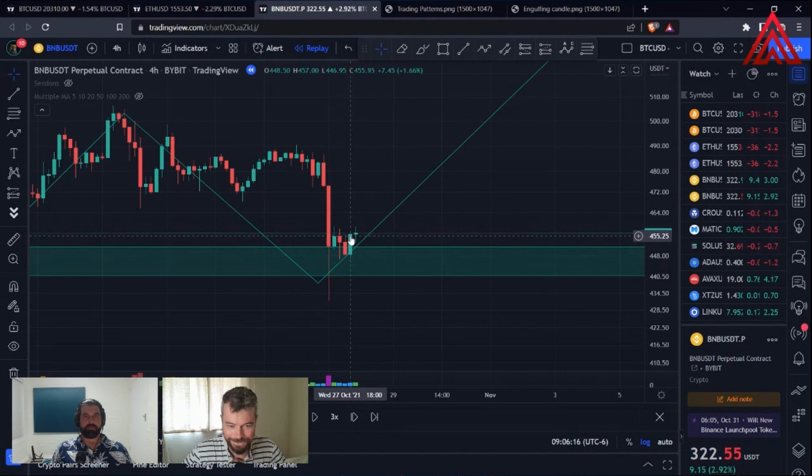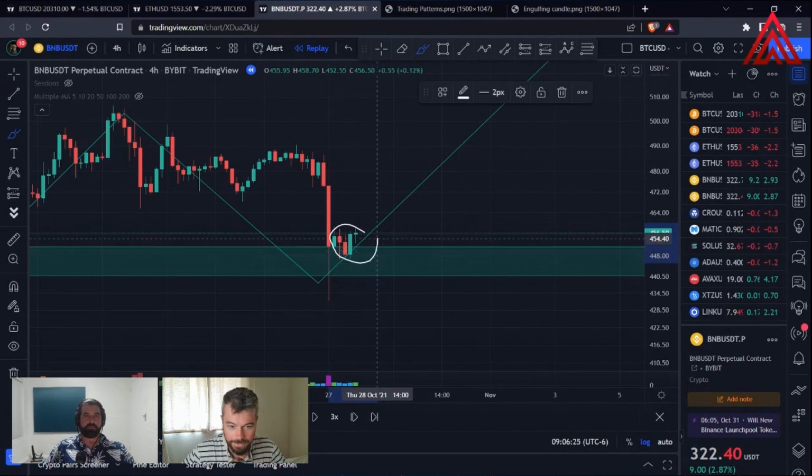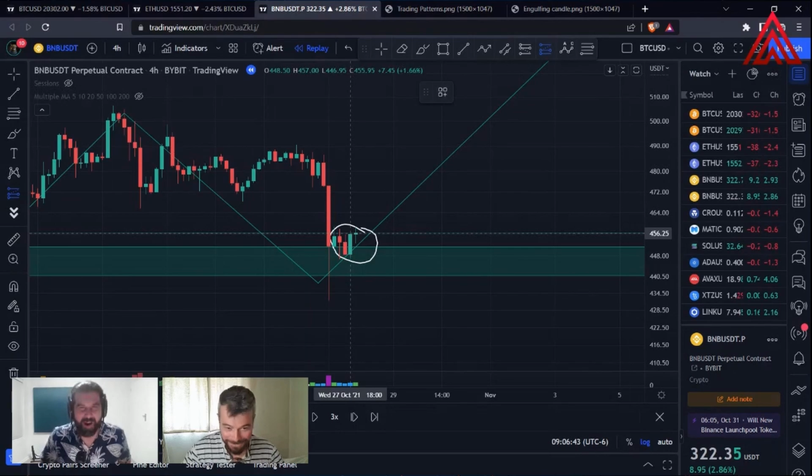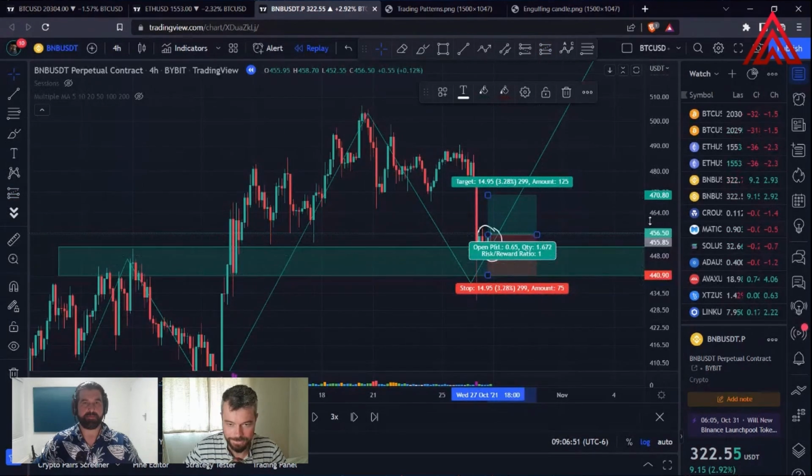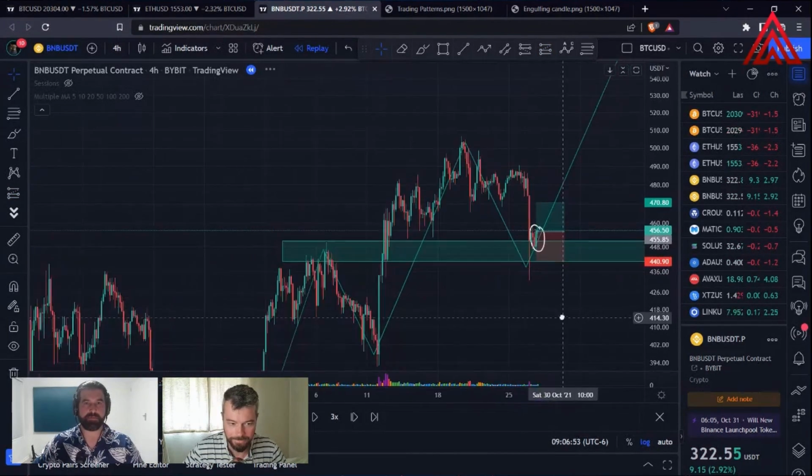We come out of the zone, close out of the zone, and we print an engulfing candle right there. Okay, so right there, engulfing candle, double bottom, 1, 2. At the close of this candle, I will enter a long position, okay? Because to me, that's a signal that the trend is gonna continue, is gonna carry on, okay?